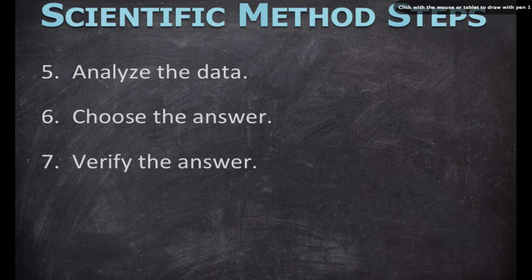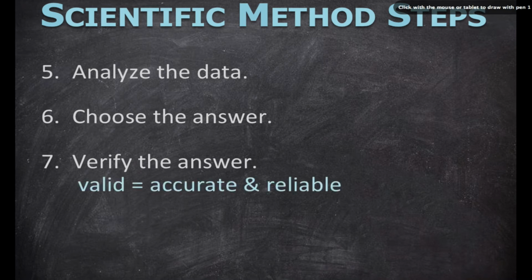Number 7, you're going to verify the answer, making sure that it's valid. And by valid, we mean accurate and reliable. So repeat the experiment. Do you get the same or similar results every time? So the more times you repeat the experiment and get the same results, the more valid the answer is.